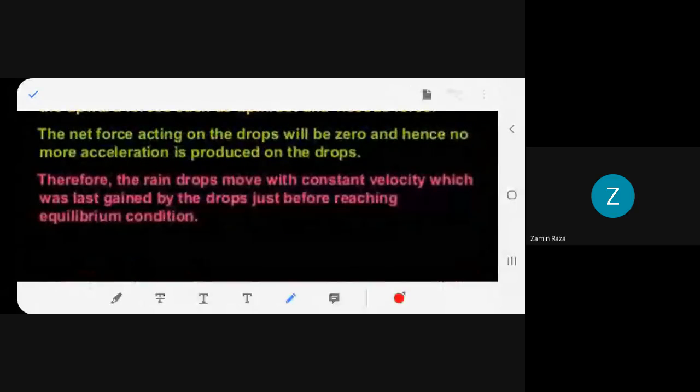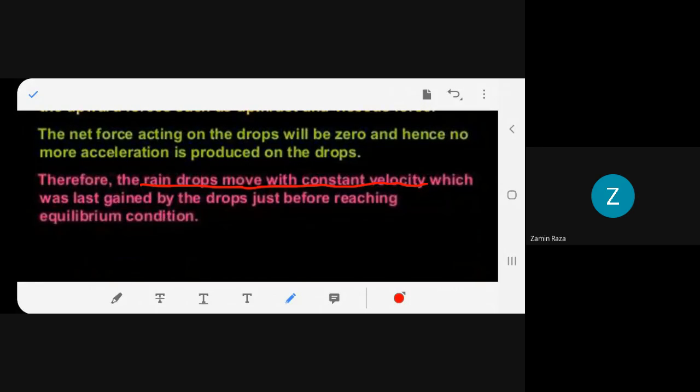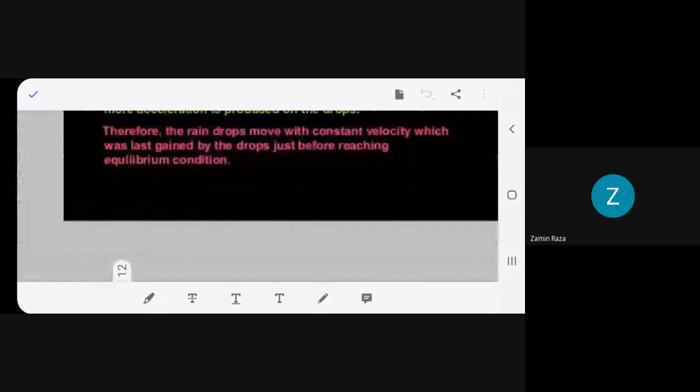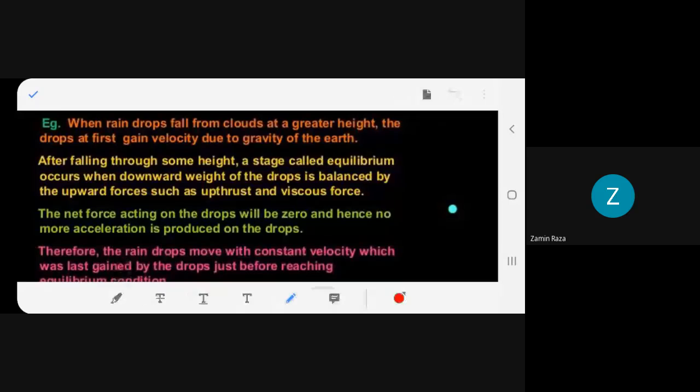So what happens? The raindrops move with constant velocity. Okay? Let me show you how it has to be done. Now this is the cloud and the drops are coming down. Here the weight of the droplets, the upward thrust of the air and the density of the droplets all balance.